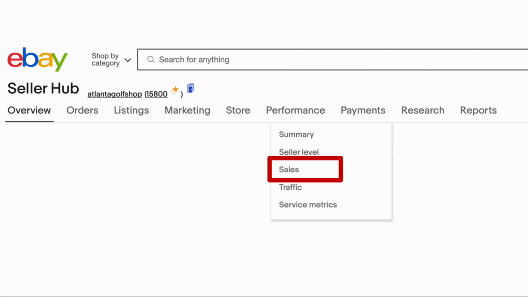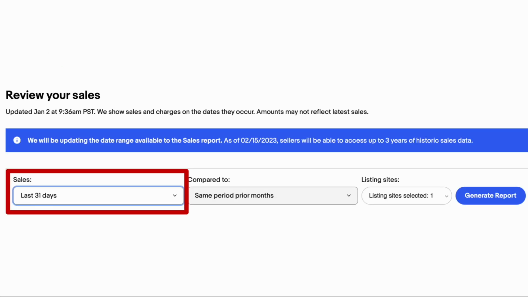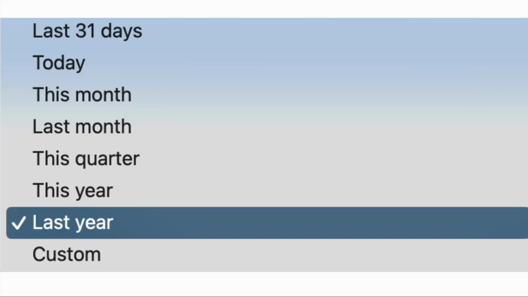So if you go under your Performance tab on your Seller Hub, you will see an option for sales. And then once you get to that page, you will see by default the time frame is the last 31 days. But we don't want that. We want the last year.